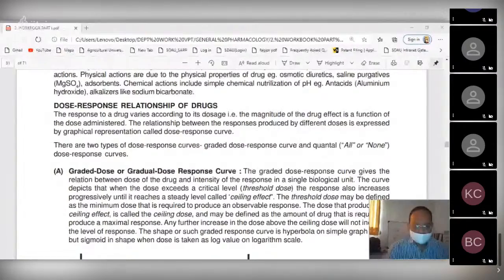You can see the proportional relationship, that dose is directly proportional to the response. Just try to understand it in this way. The relationship between the doses given and the response produced by the individual is expressed by graphs. This graph is known as the dose response relationship curve or dose response curve.